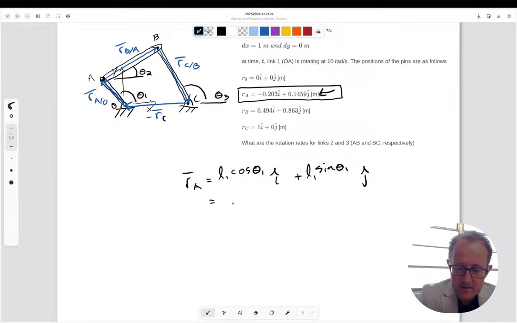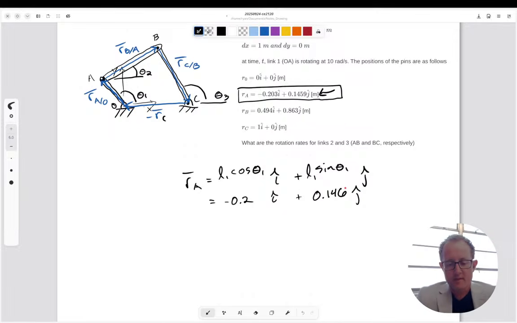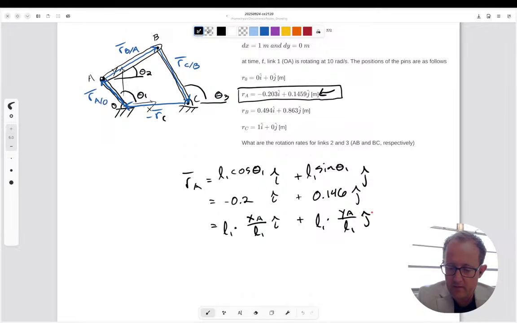That is negative 0.2 along the I and 0.146, yeah, we'll do 6, it's fine, along the J. This is L1 times, we'll call it, XA over L1 along the I plus L1 times YA over L1 along the J. So I have those cosines and sines already defined.